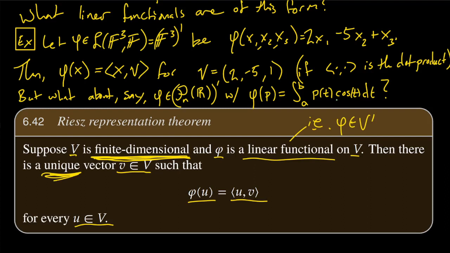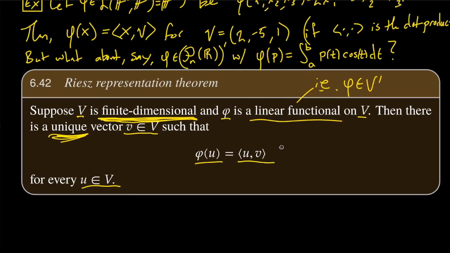But if I pick some inner product on Pn, the polynomials of degree at most n, I can, apparently, according to the Riesz representation theorem, always write this as an inner product with a fixed element, with a fixed polynomial. This is actually crazy if you consider this example. That doesn't seem like it should be the case at all. Let's prove it. Let's see how it works. Then we'll do a great example using this exact one.